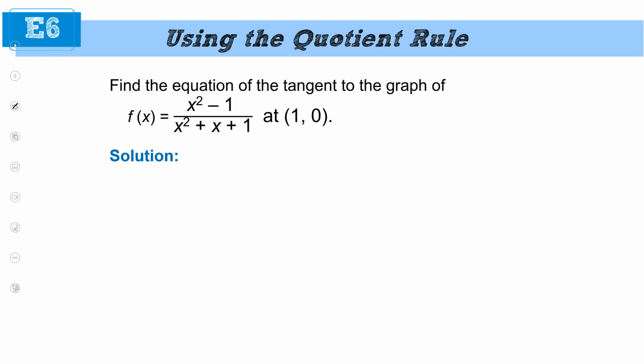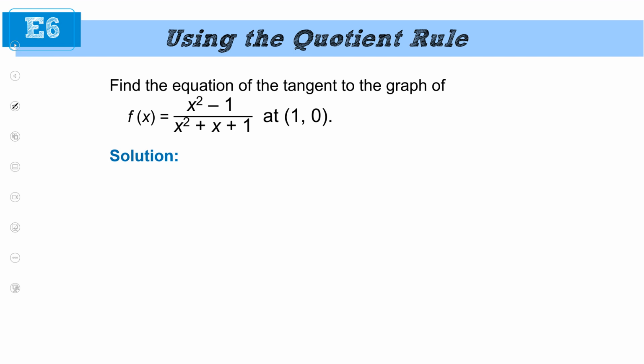What are the two things you need to write the equation of a line? Slope and a point. We have a point. How do I find the slope? Take the derivative and plug in, which is 1. Good.